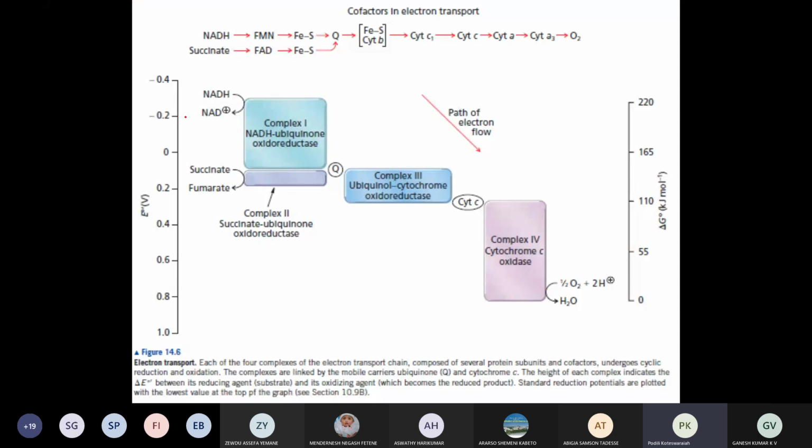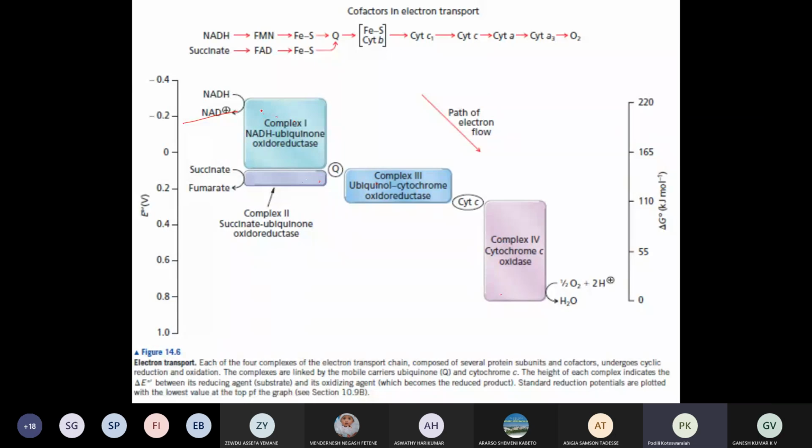The redox potential is the tendency to gain or lose electrons. Here complex 1 is more negative, whereas complex 4 has a more positive redox potential. So complex 1 has a more negative redox potential than complex 2, complex 2 more negative than complex 3, and complex 3 more negative than complex 4.